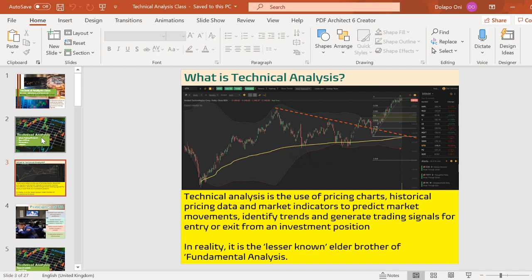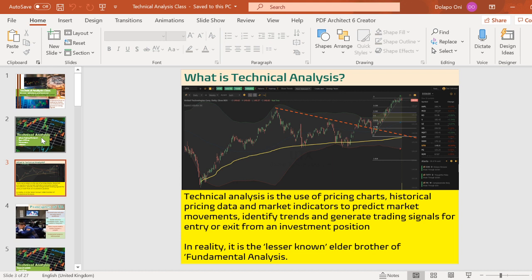Technical analysis is the use of pricing charts, historical pricing data, and market indicators to indicate market movements, identify trends, and generate trading signals, I mean, for entry and exit from an investment position, that's the key thing.